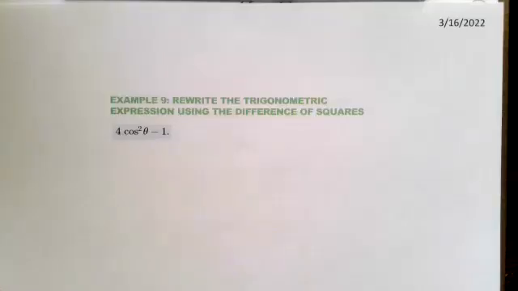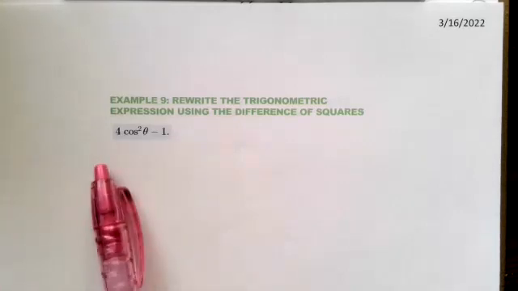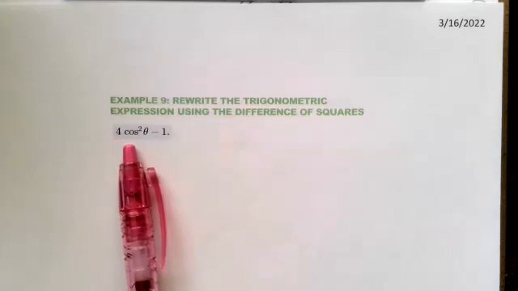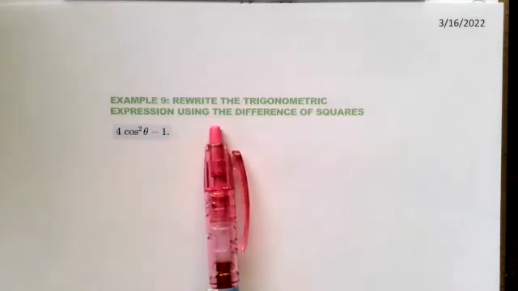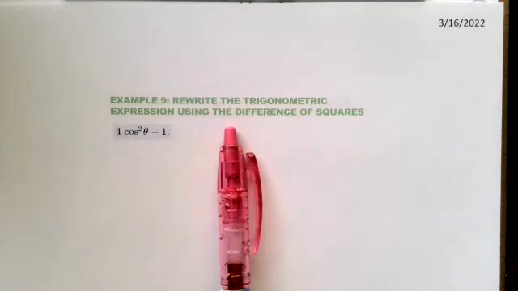Okay, what else is going to be useful in solving equations? Because that's where we're actually heading towards, solving equations. It's also useful to recognize the difference of squares, right? So here it says rewrite the trigonometric expression using the difference of squares. What is a difference of squares?